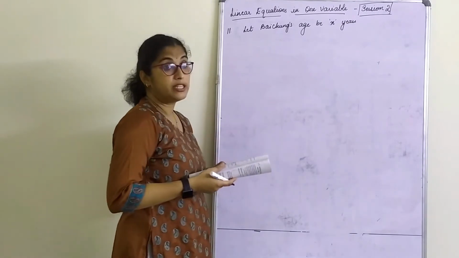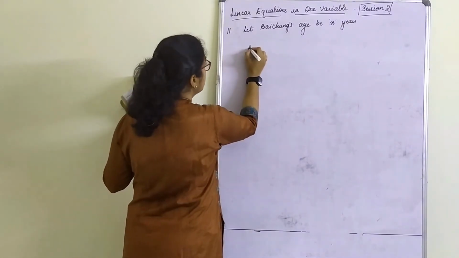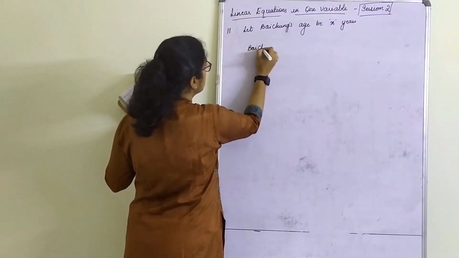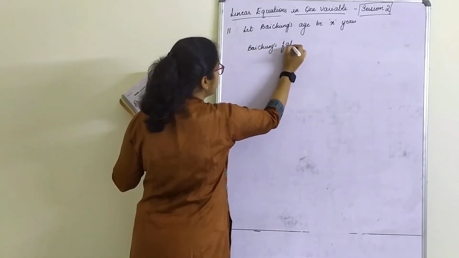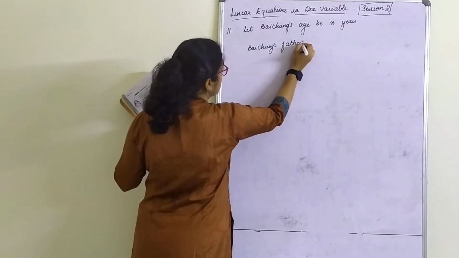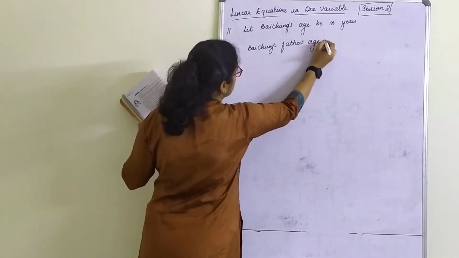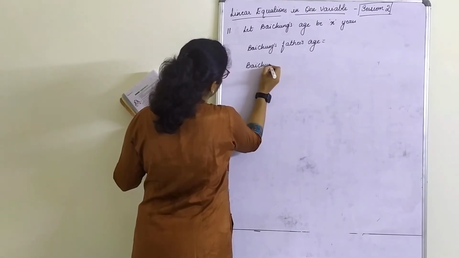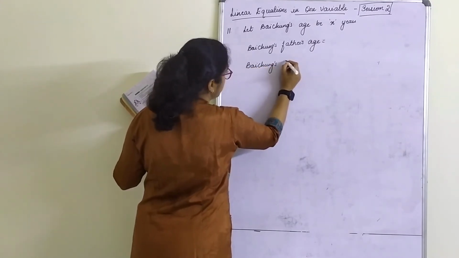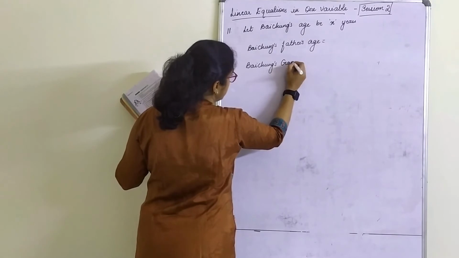Okay. So once Baichung's age, the next will be Baichung's father's age. And then Baichung's grandfather's age.